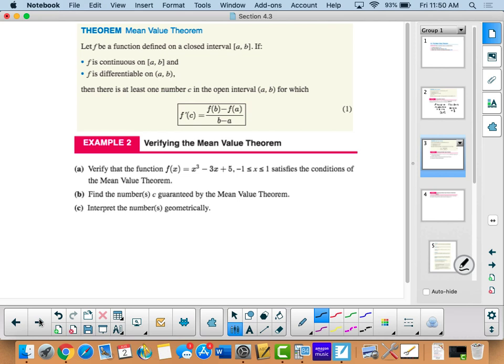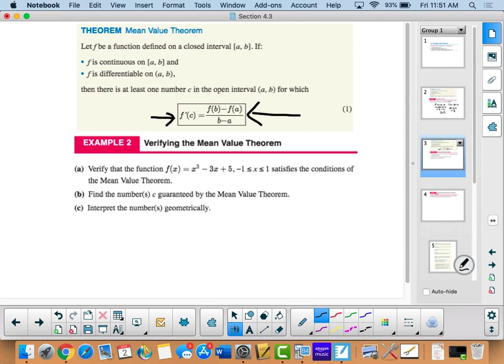The mean value theorem then is more overall. Again, we have to have that the function is continuous on the closed interval, differentiable on the open interval, and then what we are saying here is this would be the slope of the secant line over the interval a to b, and we know that the slope of the tangent line at some point in that interval must be equal to the slope of the secant line.